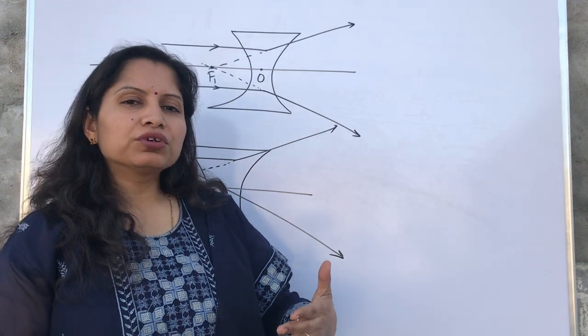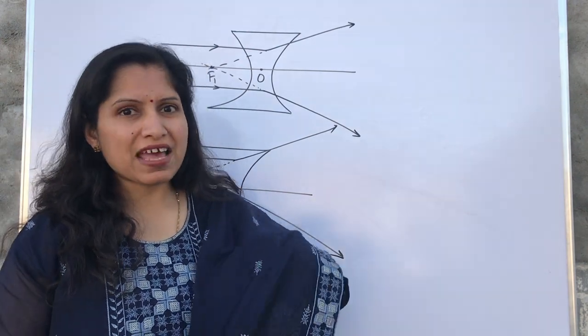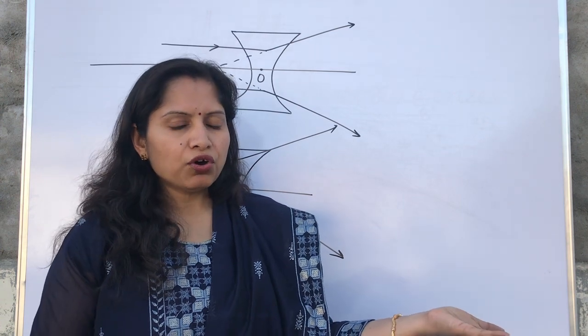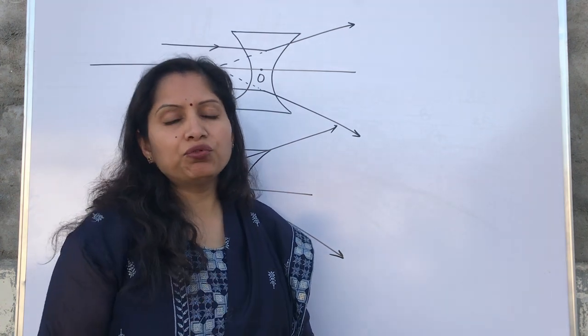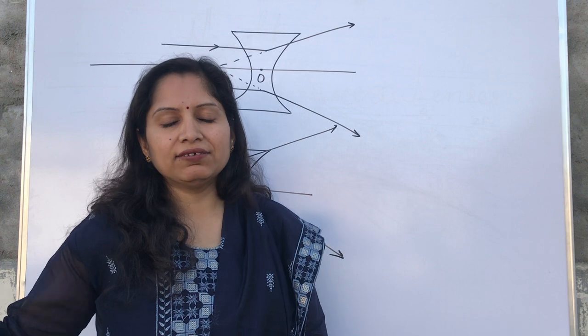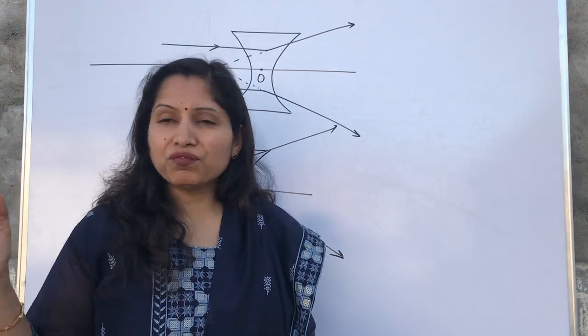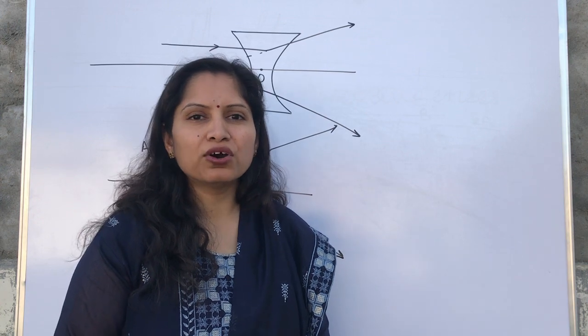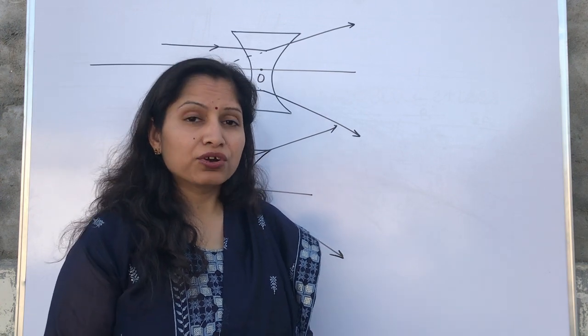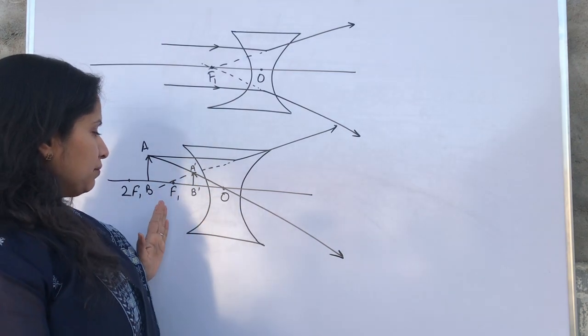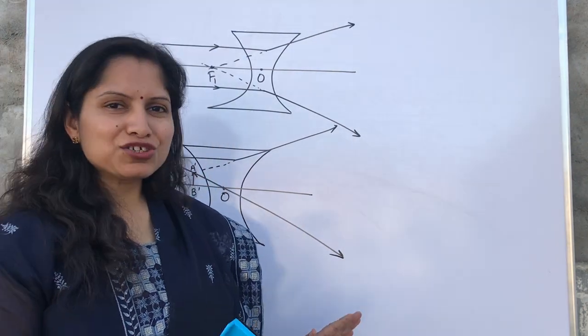That is why in your book only two conditions are given, but the examiner will confuse you by asking where the image will be formed when the object is placed at f1 of a concave lens. Hearing f1, it seems the image will be formed at infinity, but that is true for a convex lens. For a concave lens, even if you place the object at f1, where will the image be formed? Between f1 and optical center only.